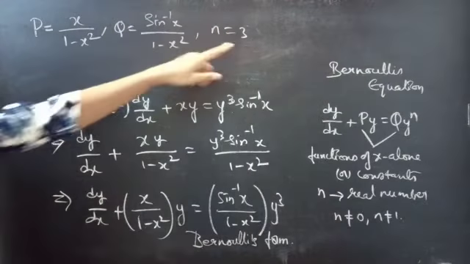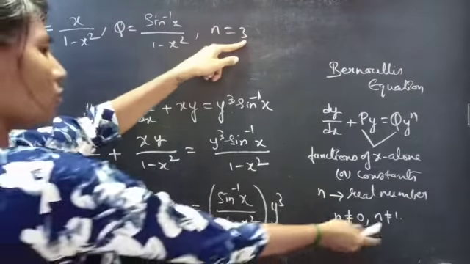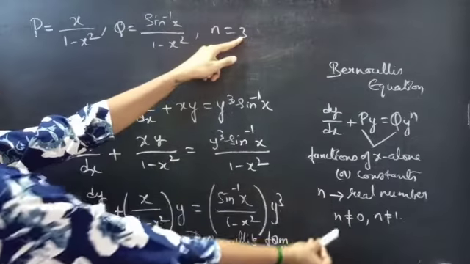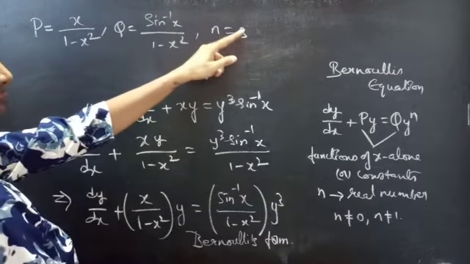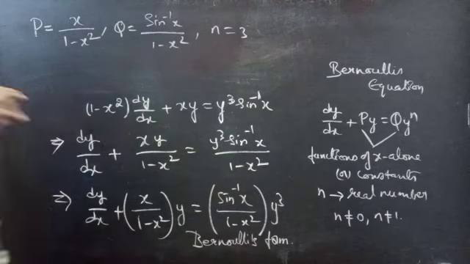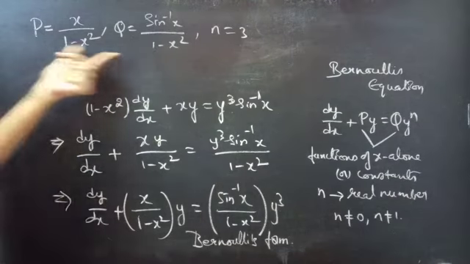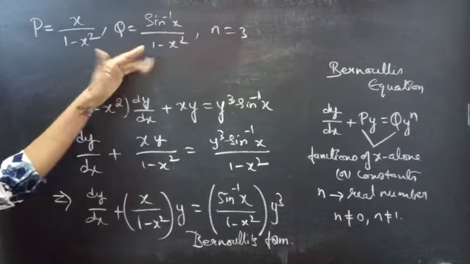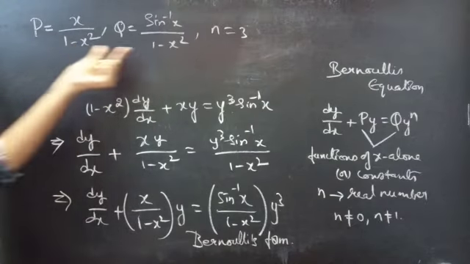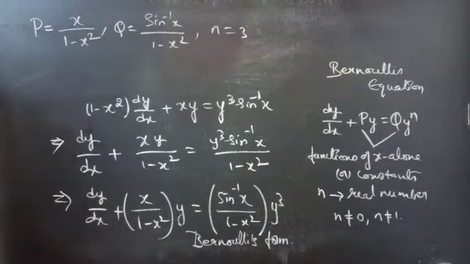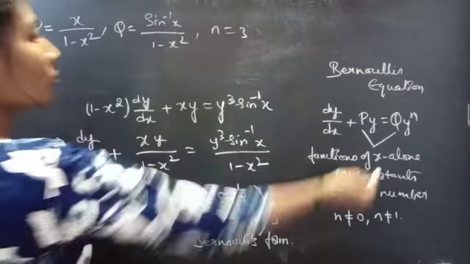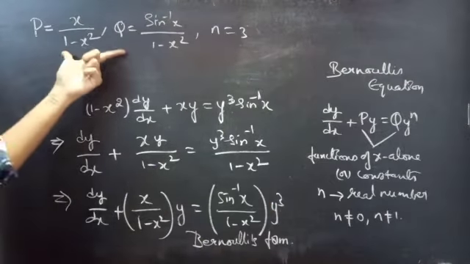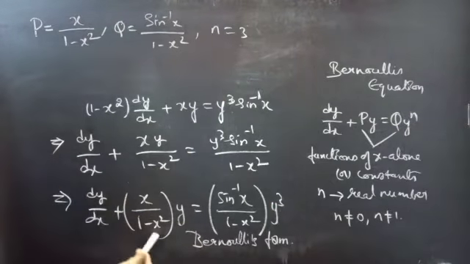So here n equals to 3, which is neither equal to 0 nor 1, and also is a real number. And here p and q involve only x and do not involve any other variable other than x, so we call p and q functions of x alone, right? P and q are functions of x alone and n is a real number, and also the equation is in Bernoulli's form, right?